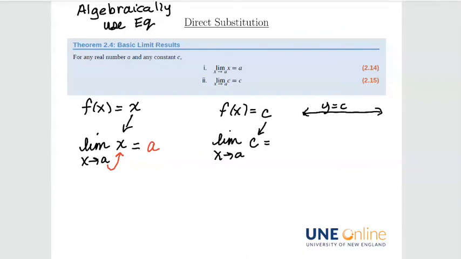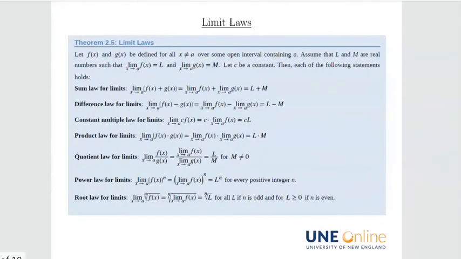Notice now that there is no x in here, so there's no place to let x approach. So the limit of a constant function is just the constant, as we saw earlier. These are our two basic results, and then we can build up from there the limit laws.